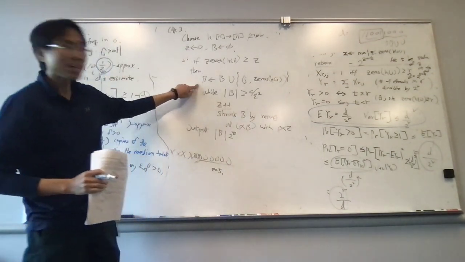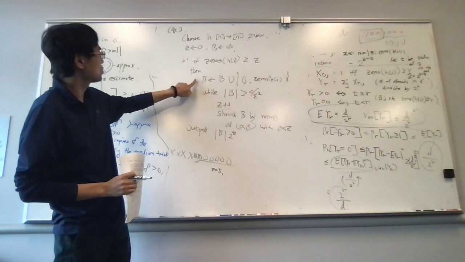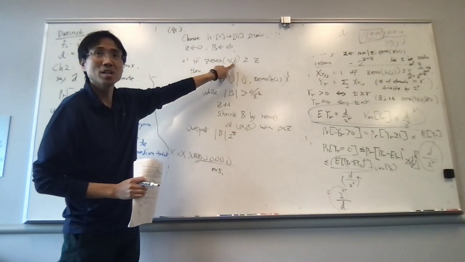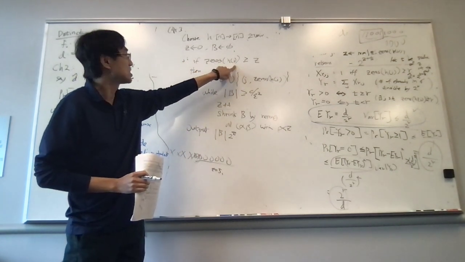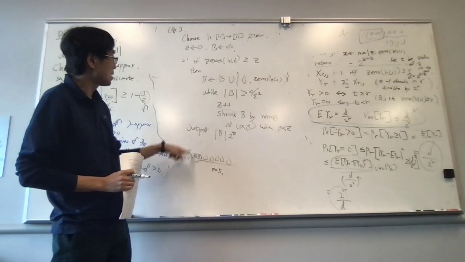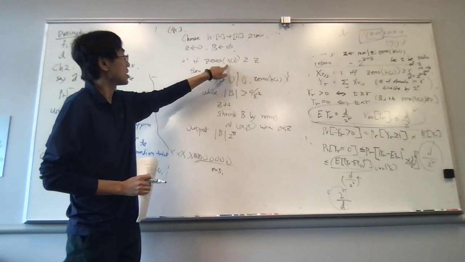What do you care about here? Suppose when you see a new element j, it's special, which means that if I hash this element j, the hash value is divisible by 2 to the z.